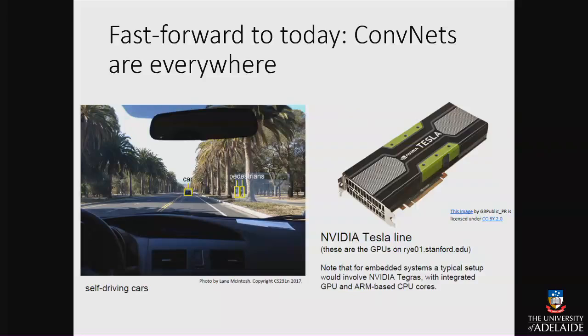Self-driving also uses the techniques of CNNs, convolutional neural networks, right? So the Tesla, the self-driving car, needs to recognize pedestrians, cars, and traffic lights. They need to use the CNN to do this kind of thing. And on the right side is a GPU, right?